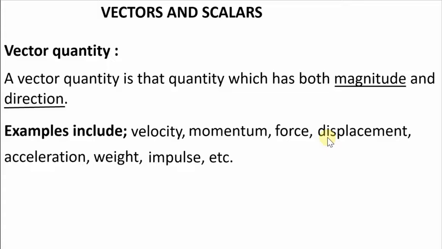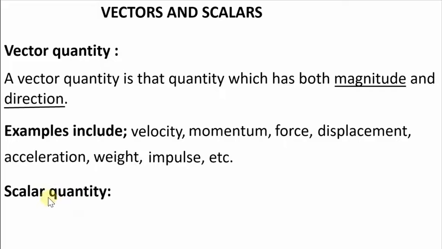When you are describing like that, that is a displacement, and it has magnitude and direction. If you say I moved 10 meters in the eastern direction, 10 meters is already the magnitude or size of your movement, and the eastern direction is already a direction. So also acceleration, weight, impulse. This is how these things work.